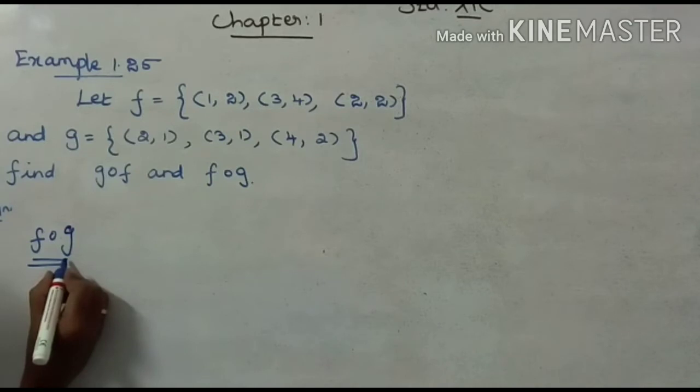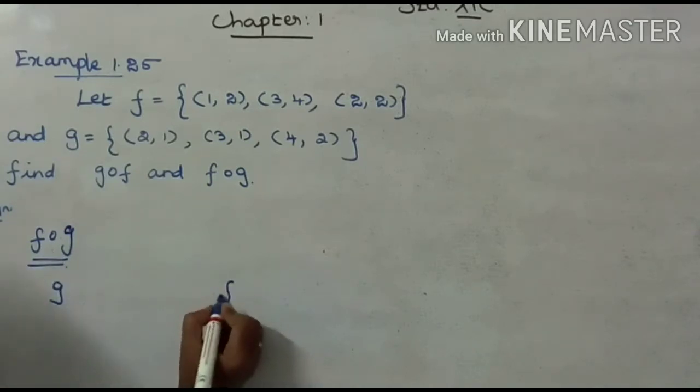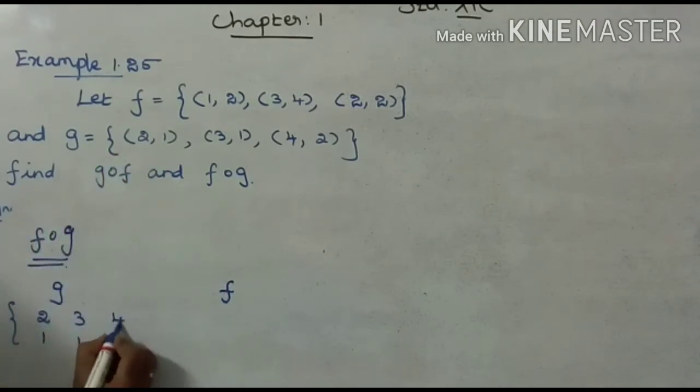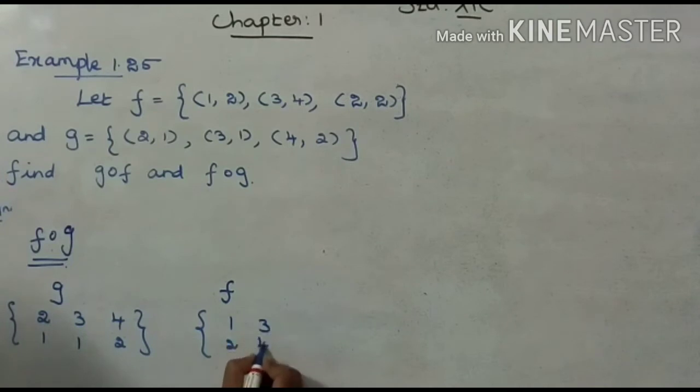For g composite with f, first write g, next you write f. Okay. So the g function has ordered pairs (2, 1), (3, 1), (4, 2), and the f function has ordered pairs (1, 2), (3, 4), (2, 2). Very easy calculation. So we find out g composite with f is equal to the ordered pairs of what?